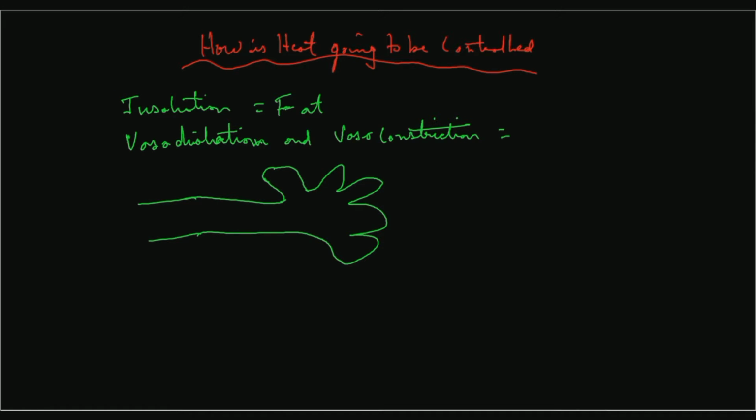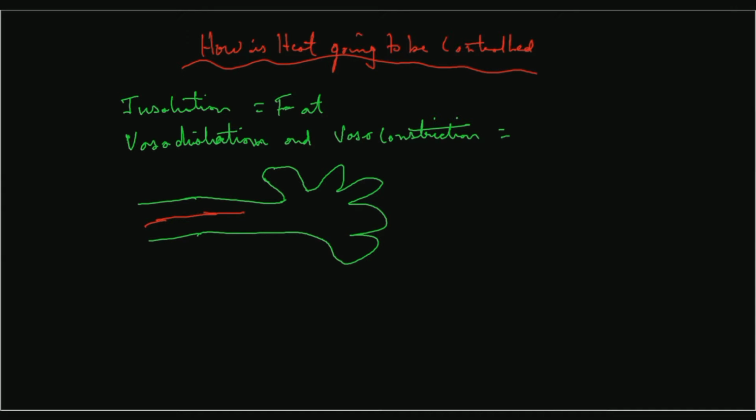Now, this is going into another thing, but for example, when it's really cold outside, your body's not going to want to get rid of heat, right? It's going to try to contain heat. So instead of going closer to the surface, it'll try to stay away from the outside.